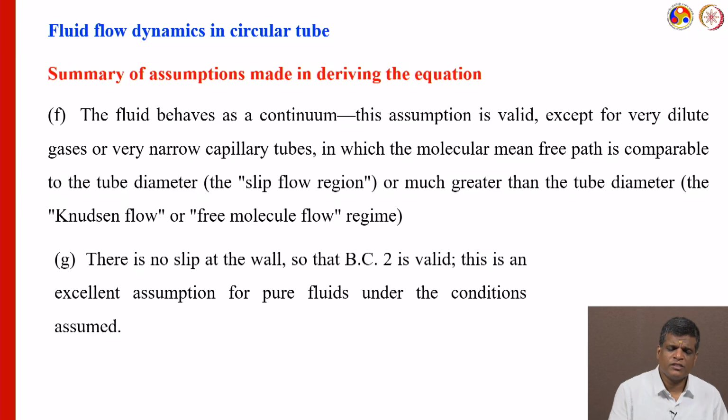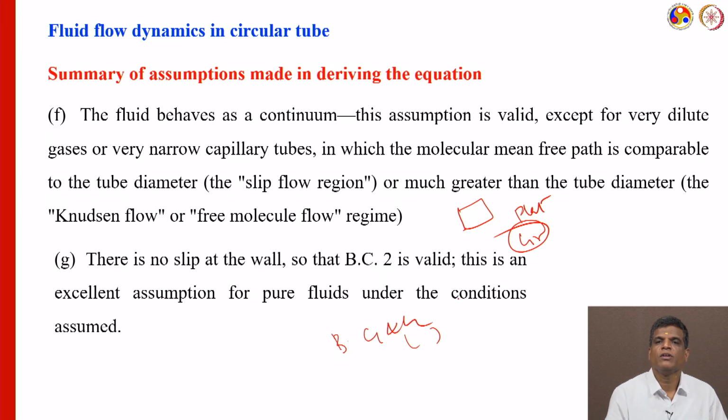This is the summary of the assumptions we always go for: we assume laminar flow. We started by discussing the flat plate, then the circular plate. Once we derive, there are boundary conditions for C1 and C2.